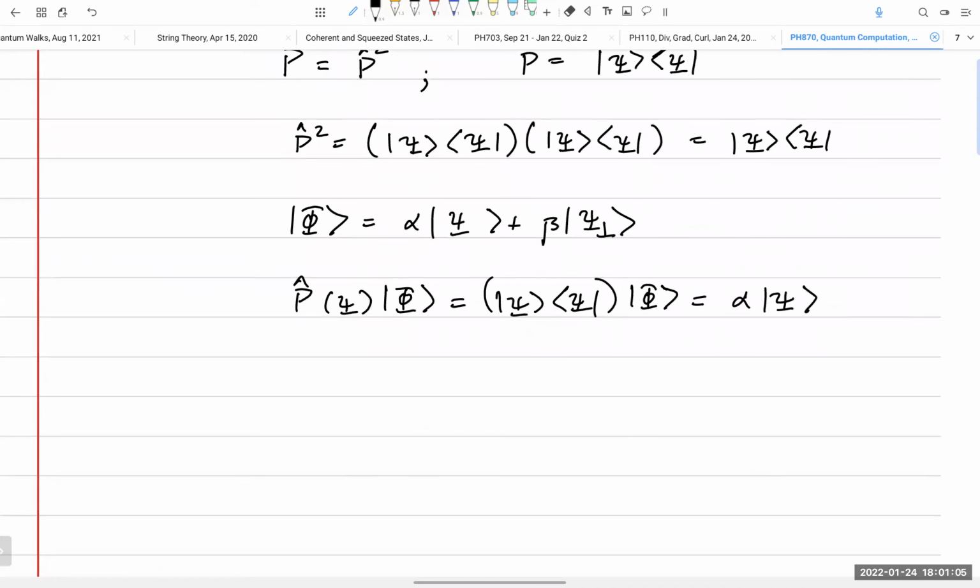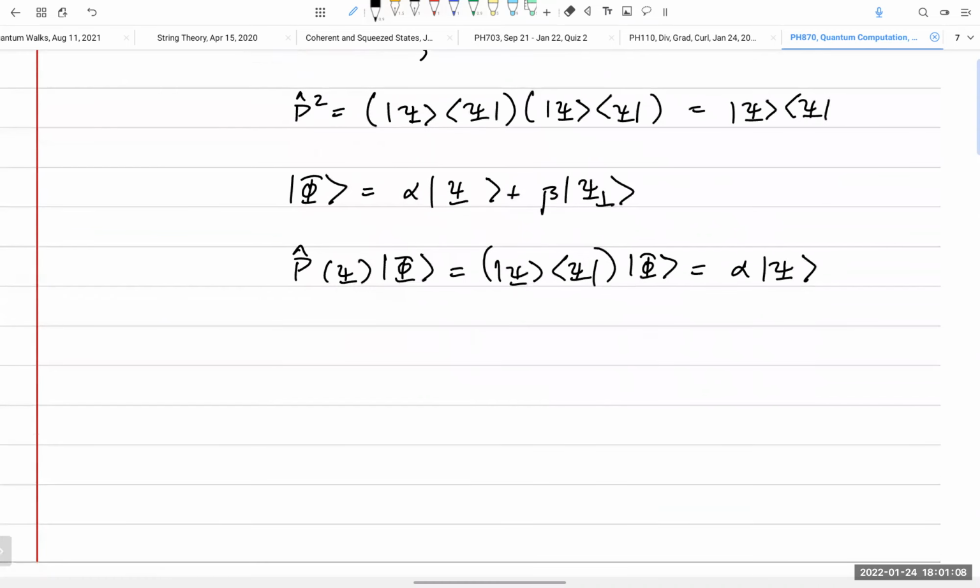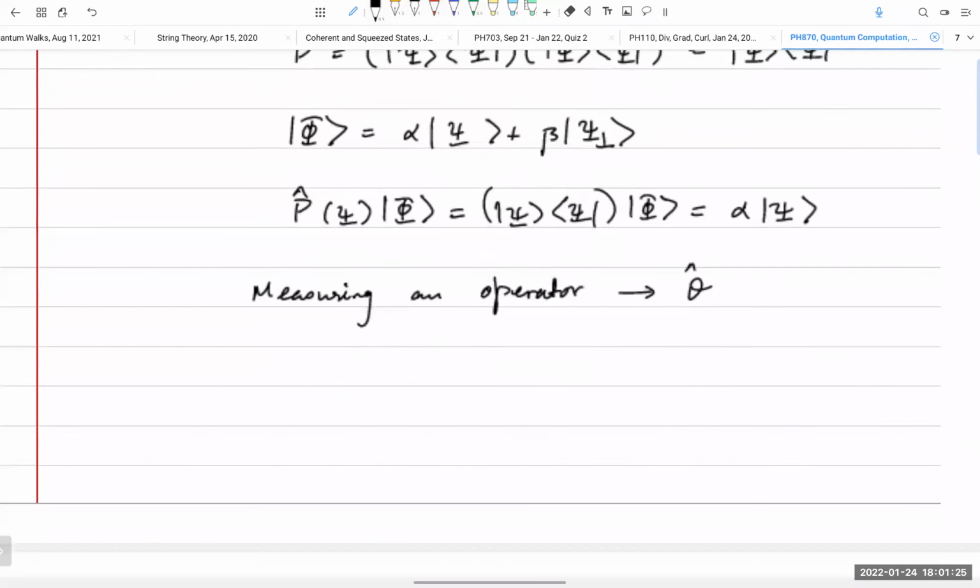Now, when we talk about measuring an operator, okay, so we have some Hermitian operator O. Let's say we are making a measurement of this operator. What does that mean, and how can I relate that to projective measurements?